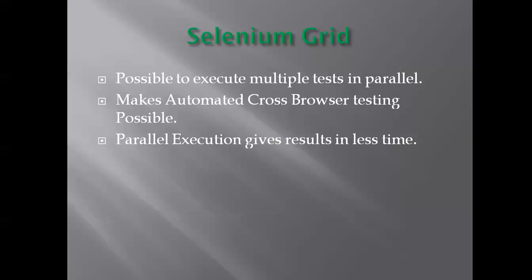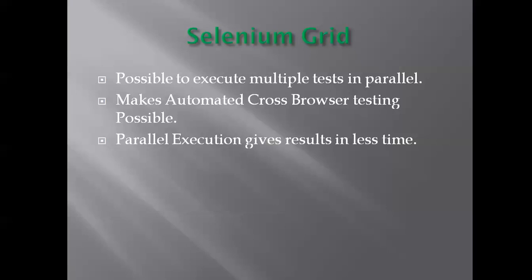Just imagine, guys, if you have, let's say, 5 versions of Firefox, 5 versions of Chrome, and let's say 4 versions of IE, and you are running your tests sequentially, just imagine how much time it will take, right? But using Selenium Grid we can do the execution parallelly, and it will give us the results in much less time, right?